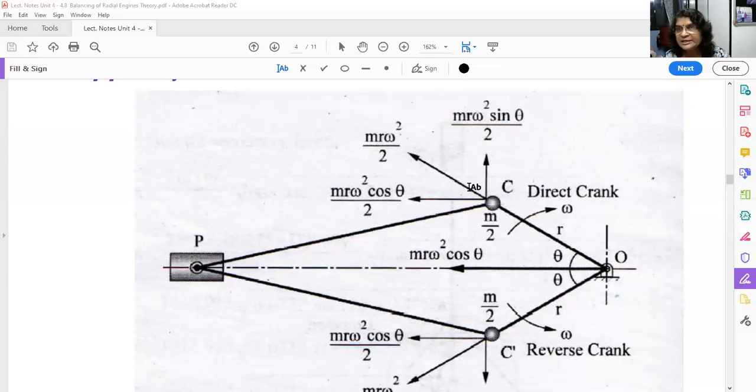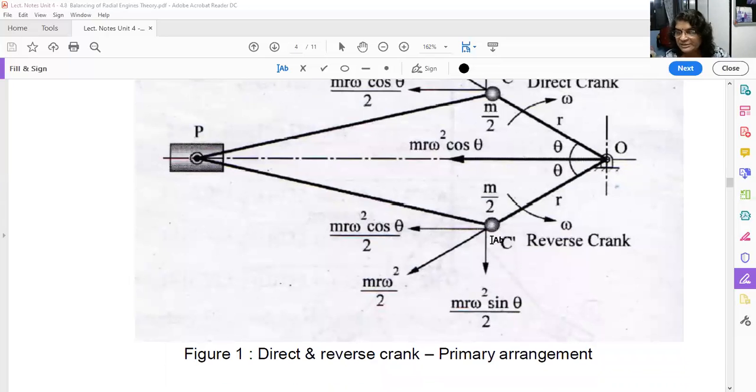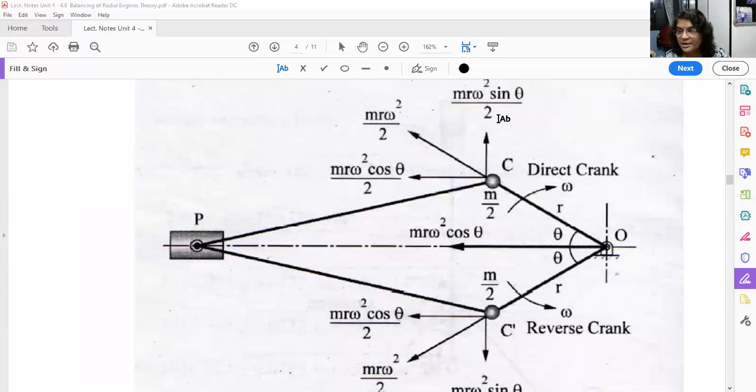As this angle is theta, the vertical component is m r omega square sine theta by 2. And the vertical component of this force, see this angle is theta, will also be m r omega square into sine theta by 2. So this component of the reverse crank force will be balanced by this component. These two forces are balanced because they are equal in magnitude and act opposite to each other.